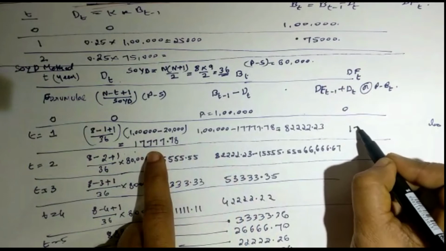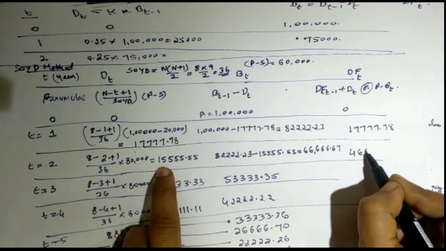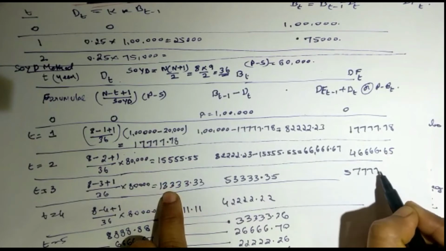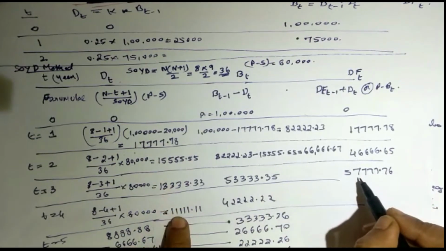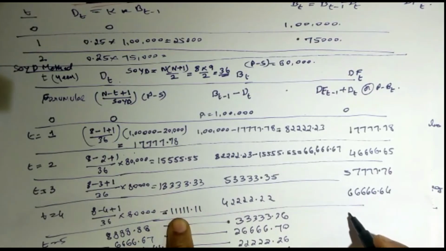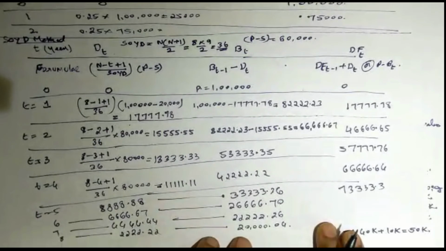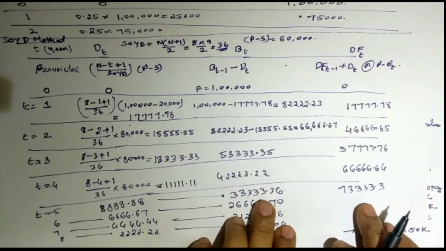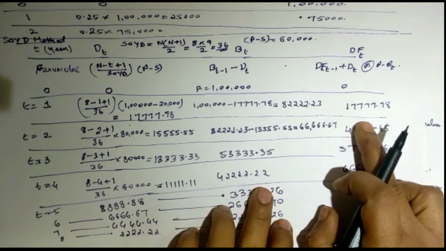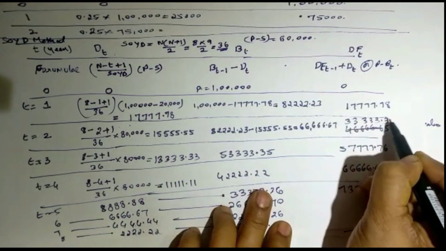So this will be 17,777.78. This plus 15,555 gives 33,333.32.